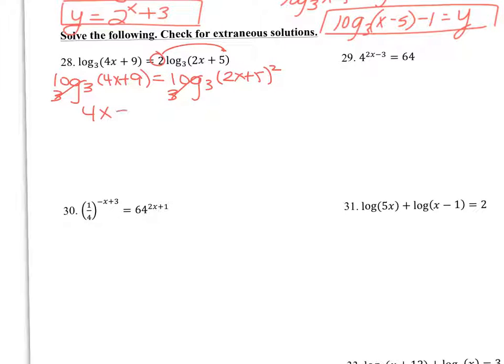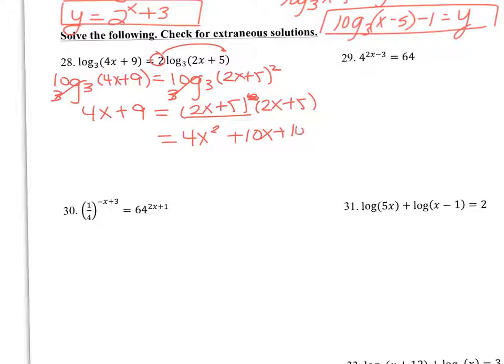So I'm left with 4x plus 9 equals 2x plus 5 squared. Now that side I have to FOIL. So I have 4x squared plus 10x plus 10x plus 25, and that's equal to 4x plus 9. So now I'm going to have 4x squared, and then I have 20x minus 4x, which is 16x, and then I have 25 minus 9, which is plus 16.